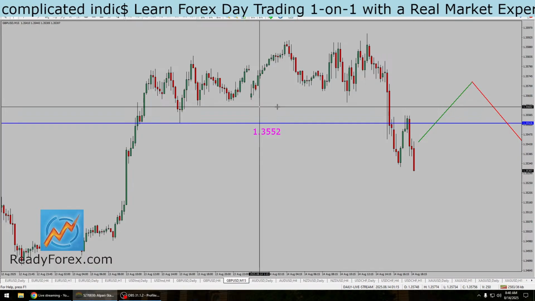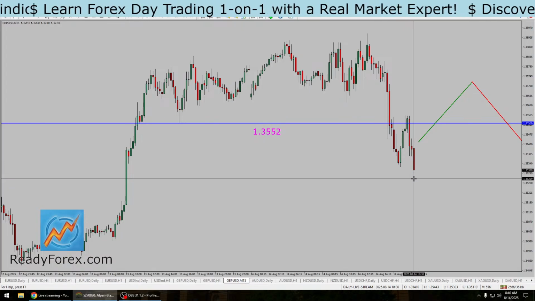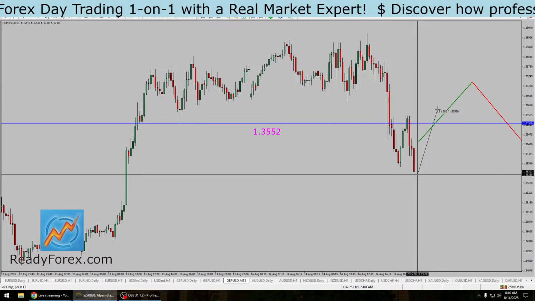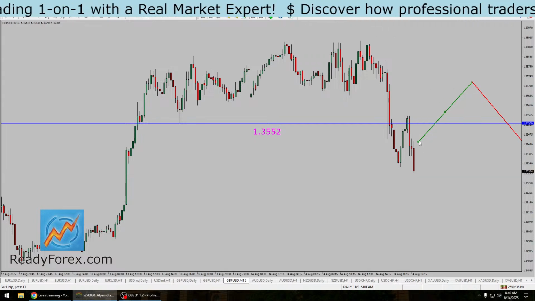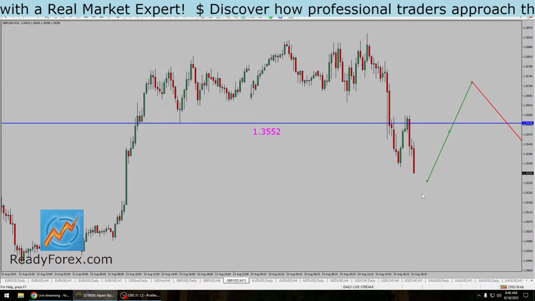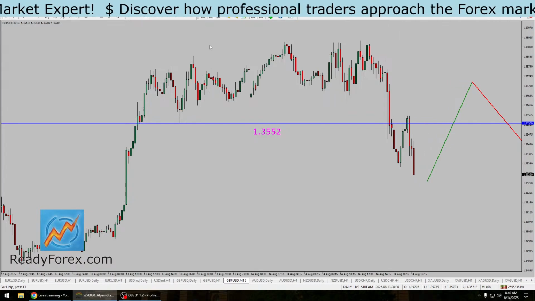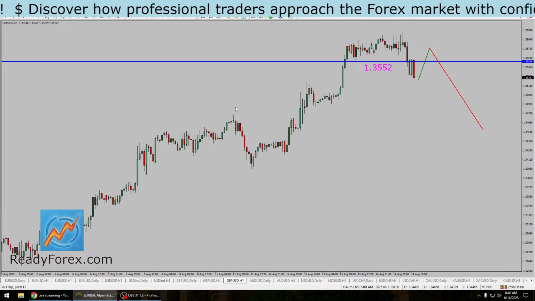This looks impulsive, so this is 1, 2, probably 3 over here, and down over here the market is going to rise back up, which most people do not expect. It could fall down maybe 15 pips or 20 pips more, and then it's going to rise up. So I would prefer to wait for a pullback.